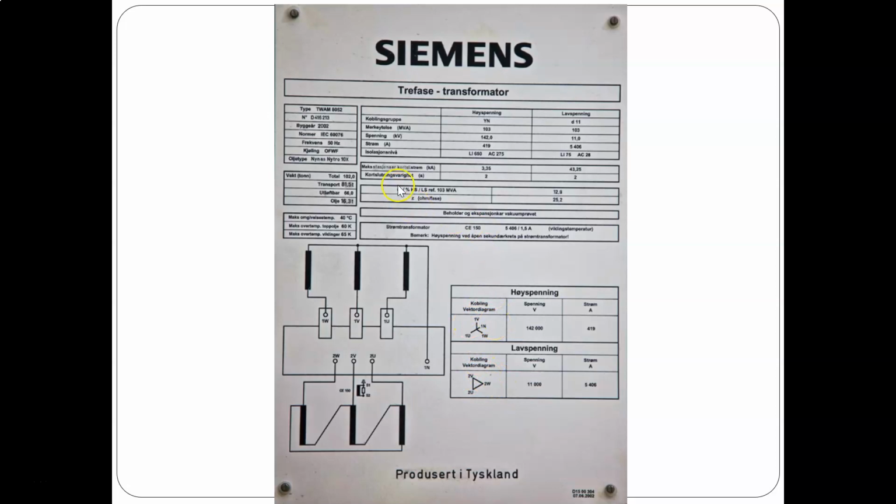We can also see that it is rated 103 MVA with 12.9%, and the ohmic value is given per phase as 25.2. This is the sign marked on that transformer.